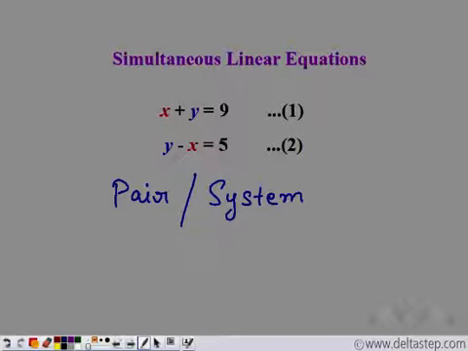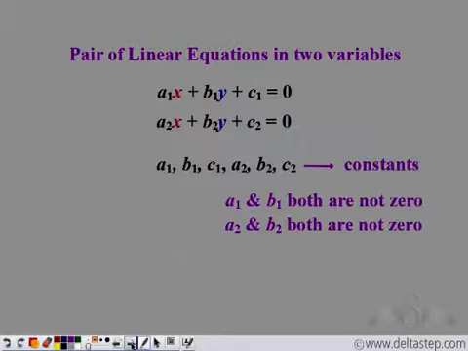And the solution should be such that it should satisfy both these equations simultaneously. Hence, these equations are called simultaneous linear equations, or you may call it pair of linear equations or system of linear equations. So let us see the general form of a pair of linear equations in two variables.